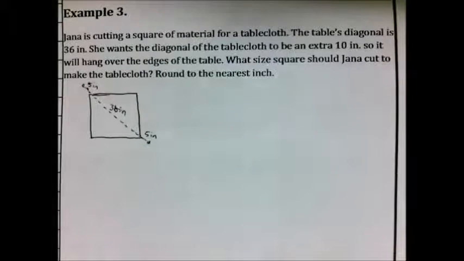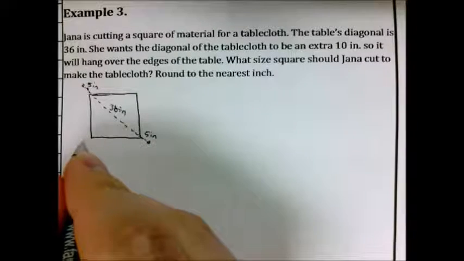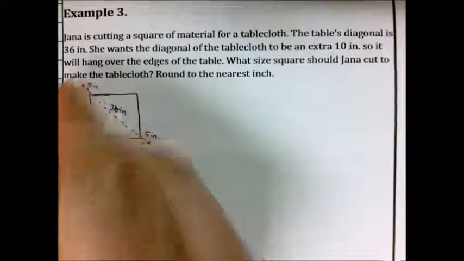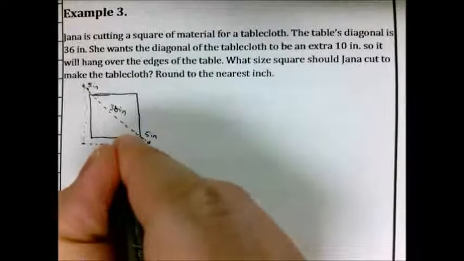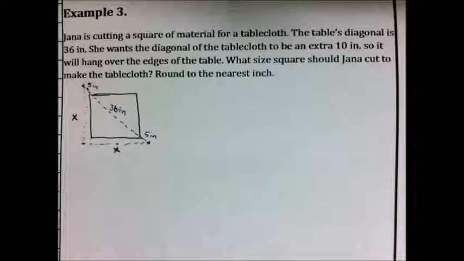Now we're trying to figure out the length of this dotted line, the tablecloth. What should the length of the legs of our square be?